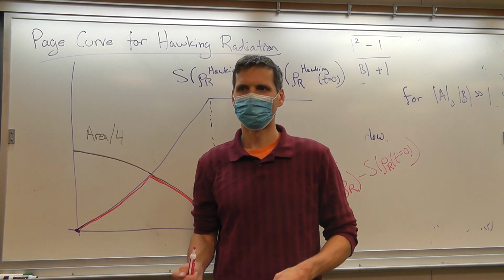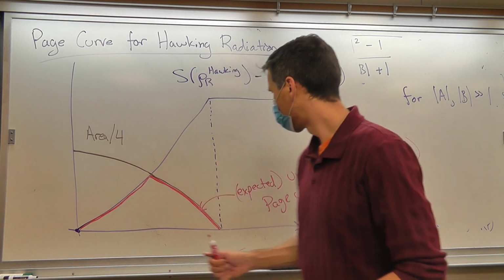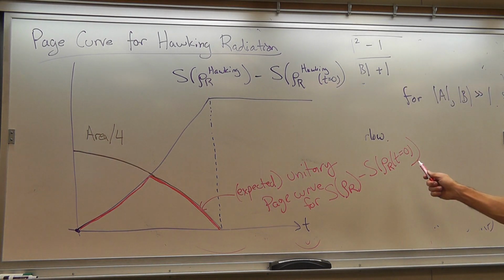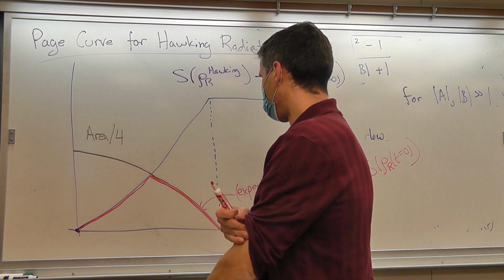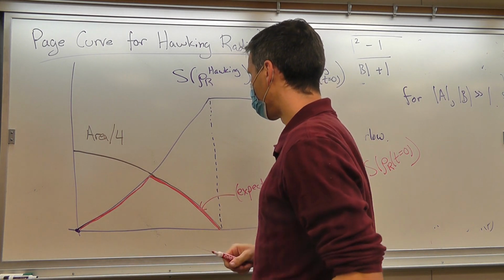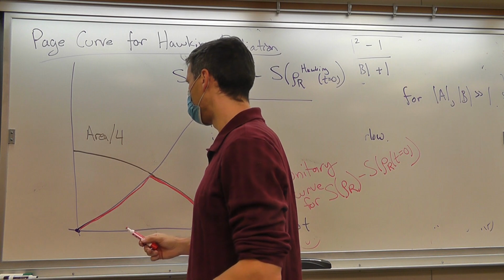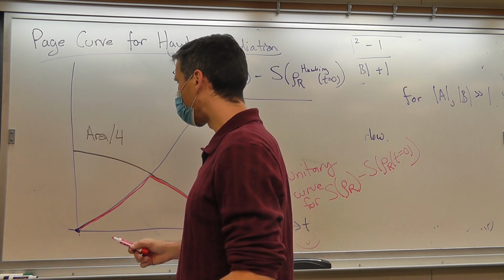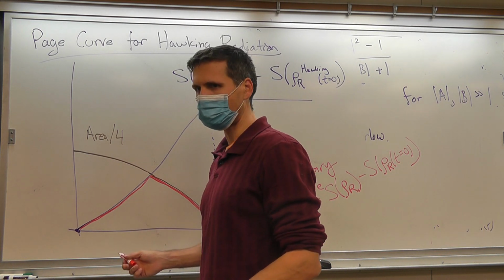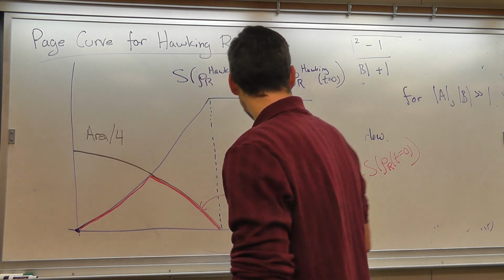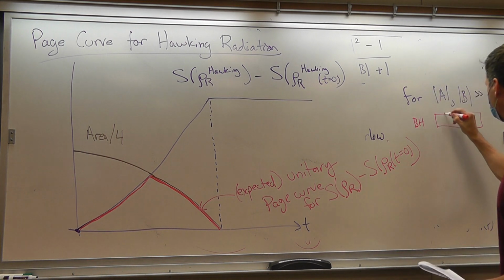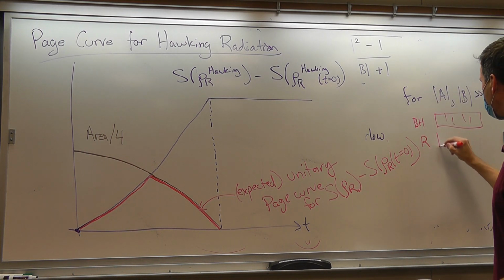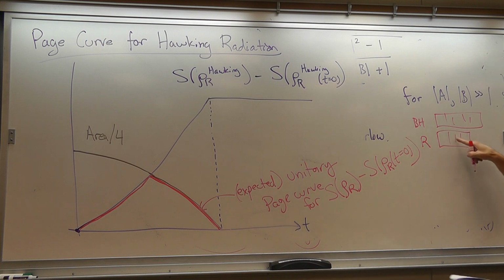Yeah. Why is there no subtracting p equals 0 analog for the area over 4? I don't know. Let's see. What I'm trying to mimic is something like the Qbit model. In the Qbit model, there was a black hole, and there was the radiation, which was a bunch of qubits that accounted for the Hawking radiation.